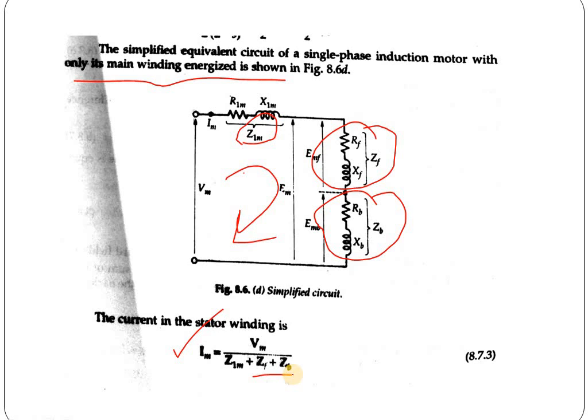So up to this much is for today. In my next lecture, we will learn about the performance equation calculations from the equivalent circuit. Then we will do some numerical problems. The equivalent circuit of a single phase induction motor is very important, and the total thing has been modified.